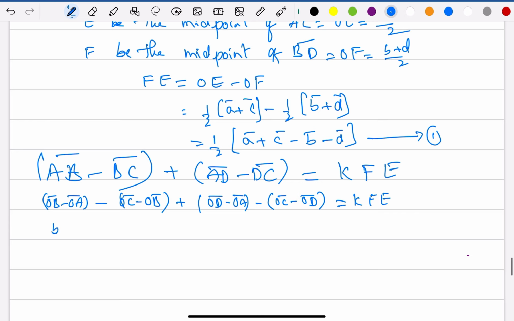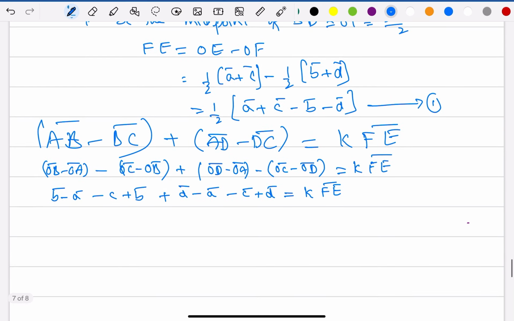So this is B vector minus A vector minus C vector plus B vector plus D vector minus A vector minus C vector plus D vector, that equals K into FE vector.